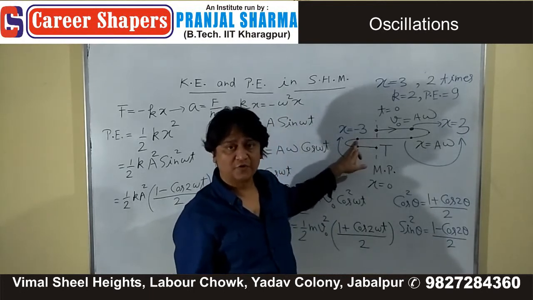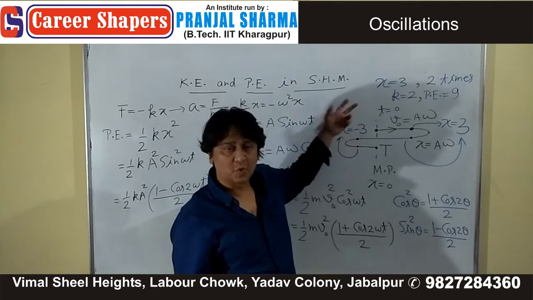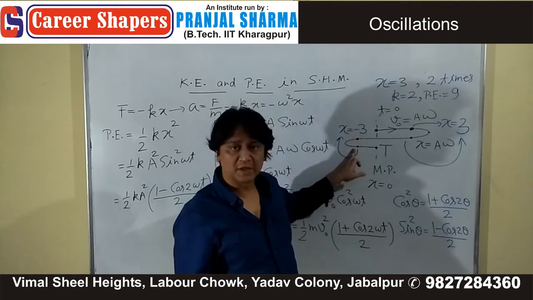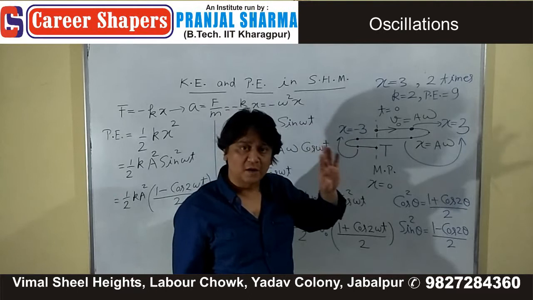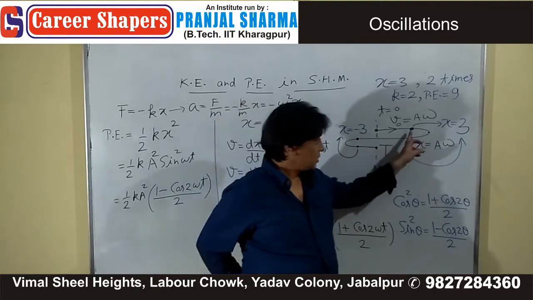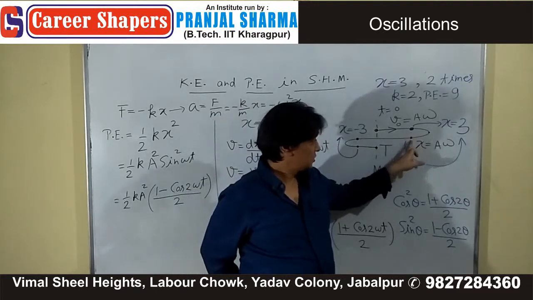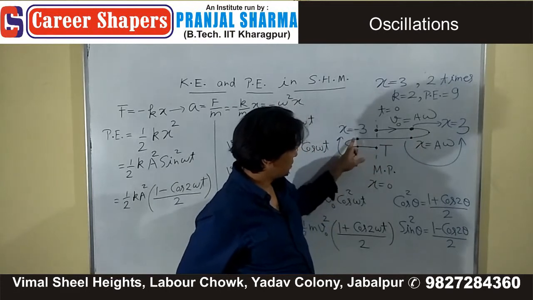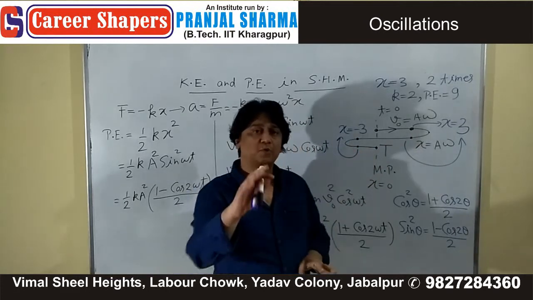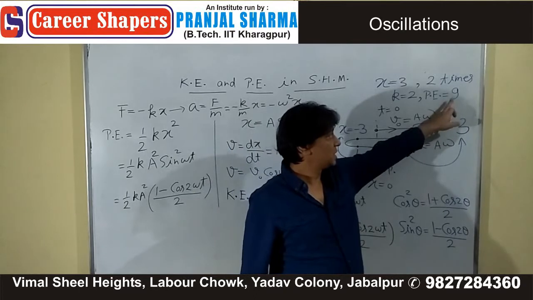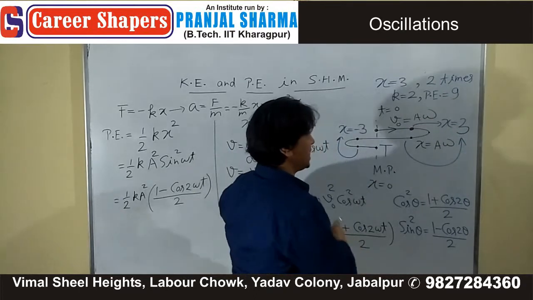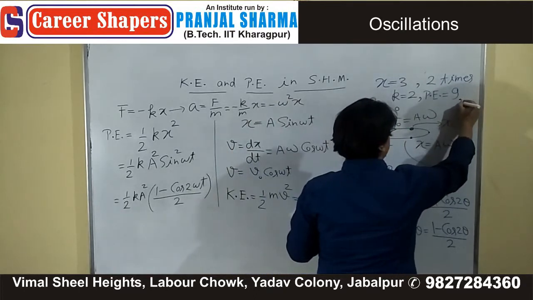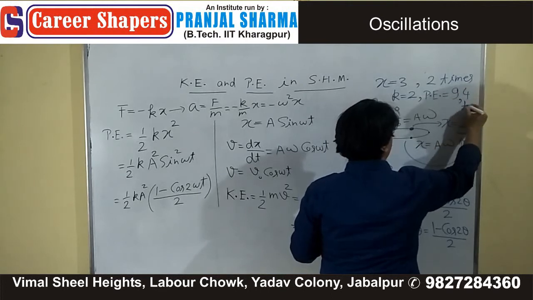Again 9. Half k x square. At this place? Again 9. That means for this position, this position, this position, and this position, your potential energy is 9. And this 9 is repeating itself 4 times.